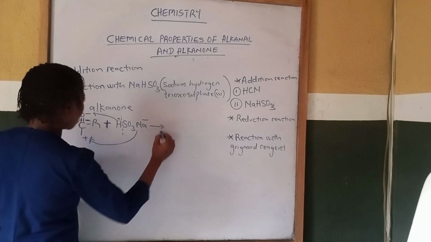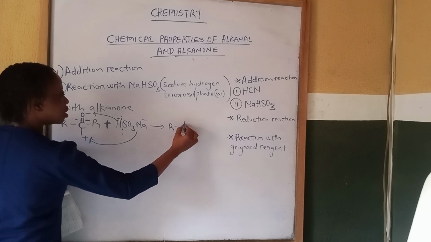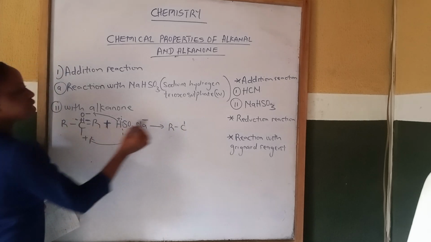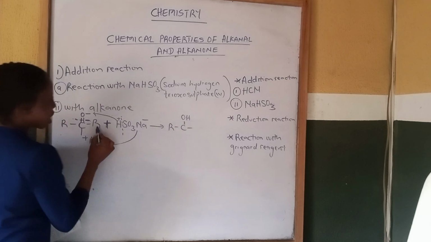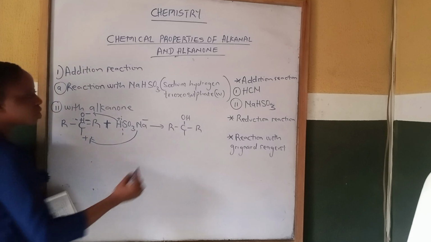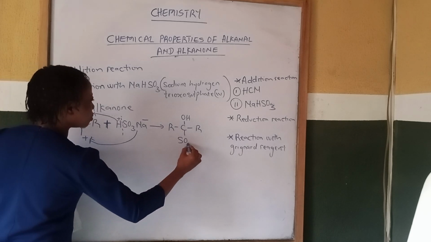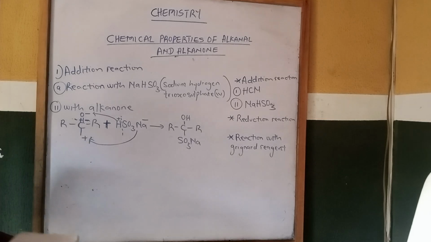Then our product will be RC, then oxygen combines with hydrogen to give us the hydroxyl group, followed by your R, then your sodium sulfonate, SO3Na. So that is the product formed.